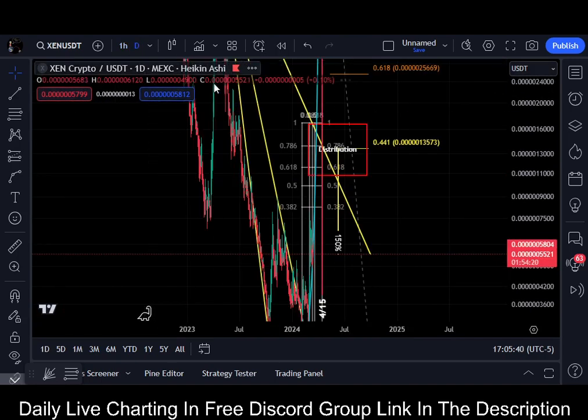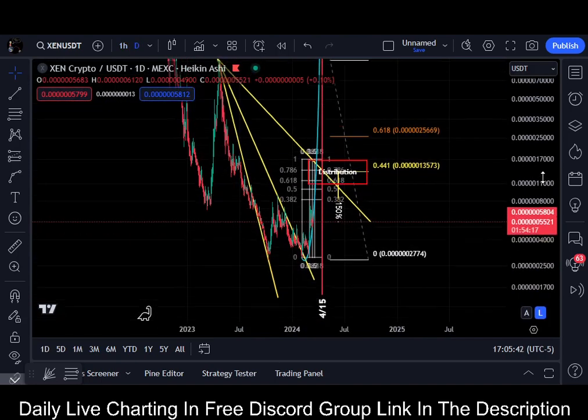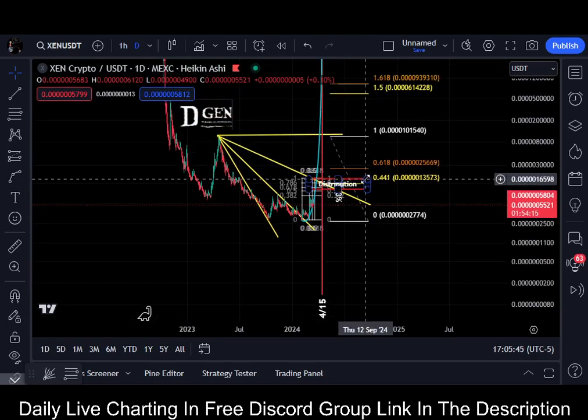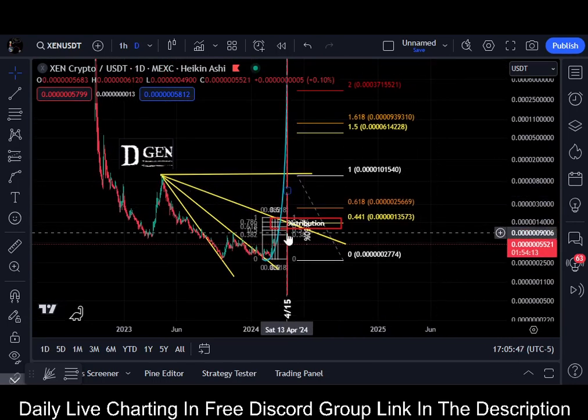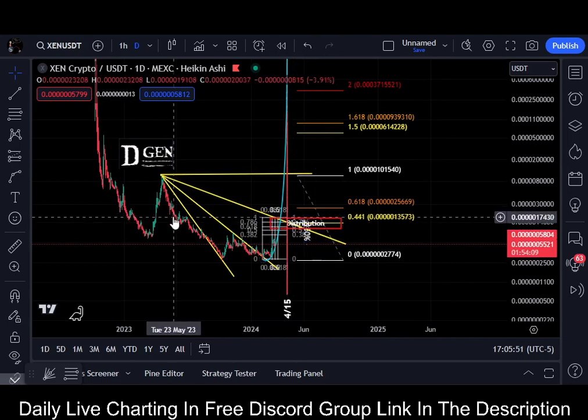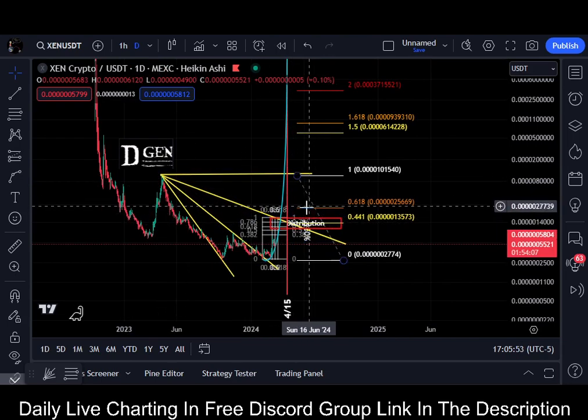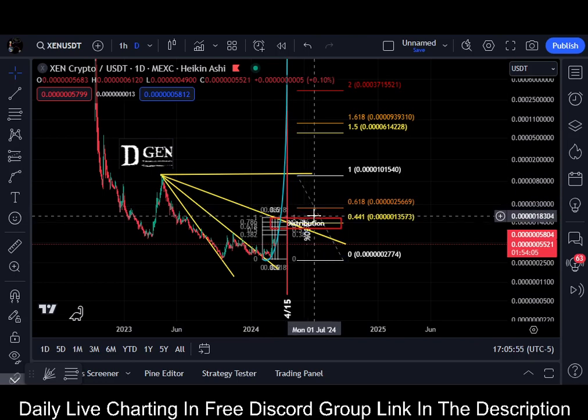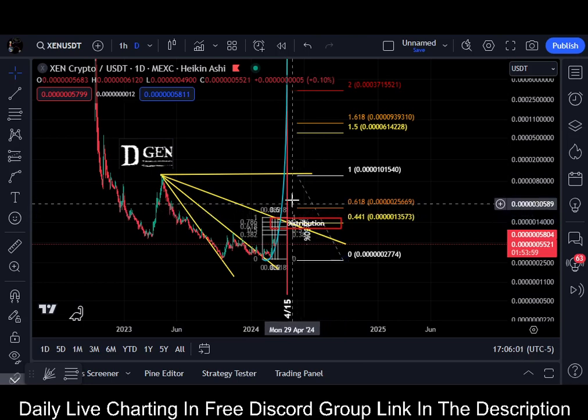Now on the longer term, you know, we can take some of these ideas, and this area here is also the 50% retrace of this past high, and kind of approaching that golden pocket area of 0.5 to 0.618. So that's what I see on the XEN chart.